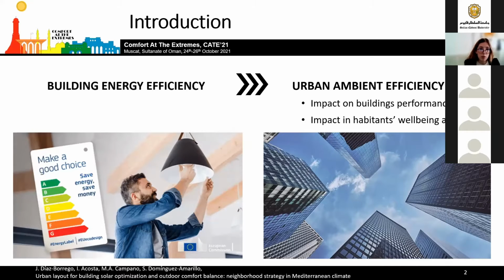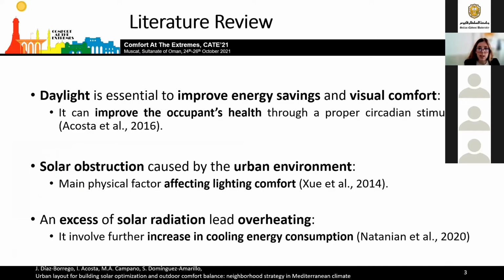As proven by important authors, daylight access is essential to avoid excessive energy consumption and to improve visual comfort, as well as to help improve occupant health through proper circadian stimulation. But solar obstruction caused by the urban environment is the main physical factor affecting lighting comfort. Nevertheless, an excess of solar radiation can lead to outdoor and building overheating, and thus a further increase in cooling energy consumption.